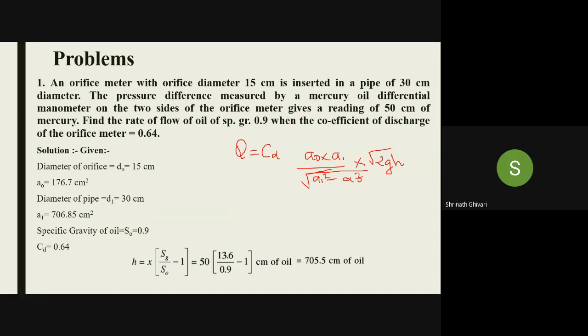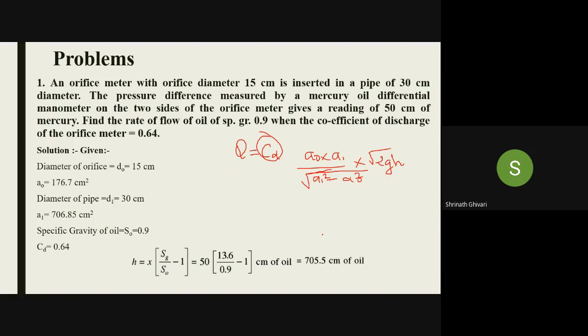What is the answer for Q? Substitute the value now. CD is 0.64. A naught is 706.85 into 176.7 divided by square root of 706.85 whole square minus 176.7 whole square, into square root of 2 into 9.81 into 705.5.